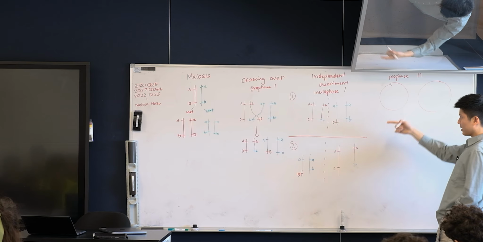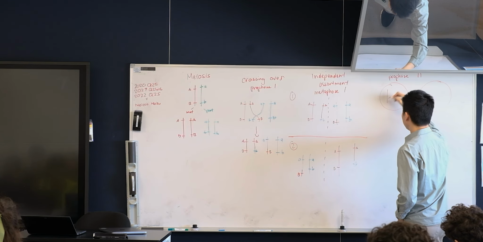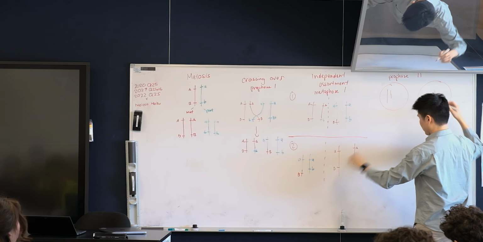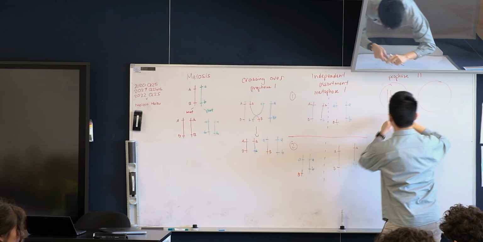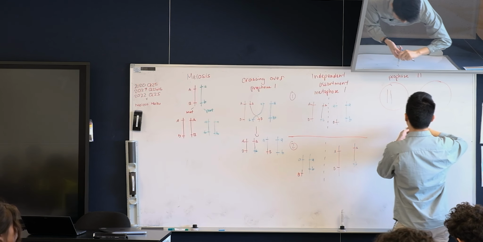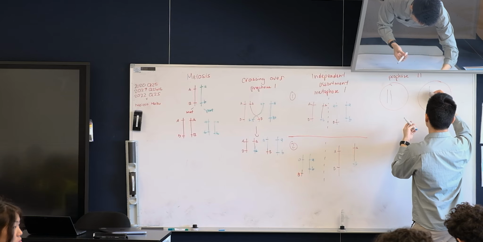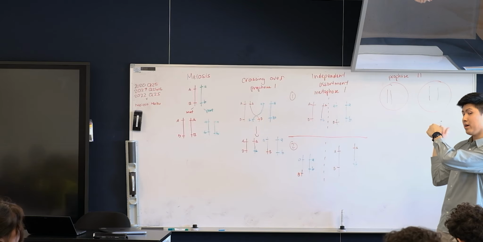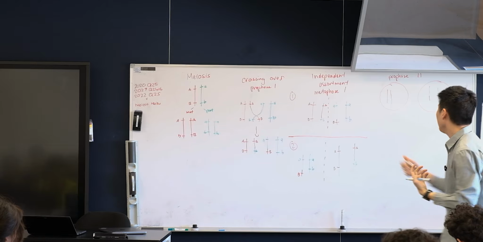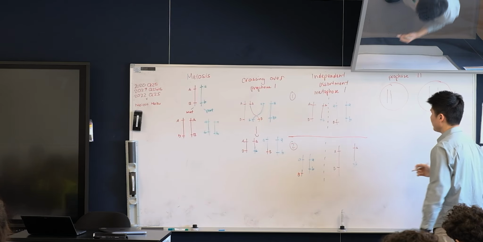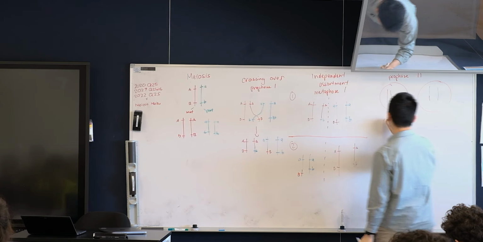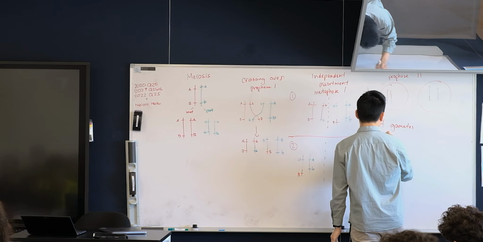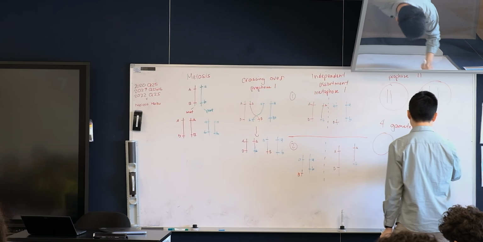That should become 4 eventually, and I won't draw the alleles just to save time, but it'll be something a bit like this. It looks like this in prophase 2. And we know that they get pulled apart again in anaphase and telophase. So if I'm going to draw my 4 gametes, I should have 4 circles.